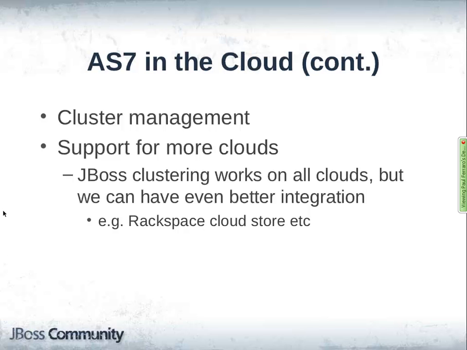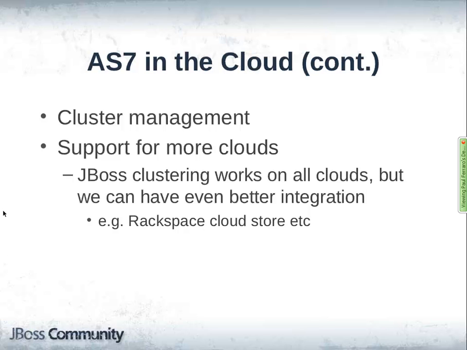And the last bullet item here: support for more clouds. Currently, a JBoss cluster runs in all of the clouds that we know of, as long as they support TCP. But of course, there could be better support for specific clouds.